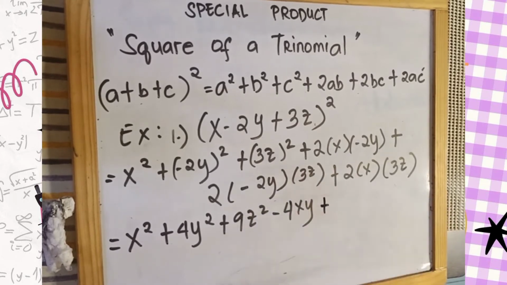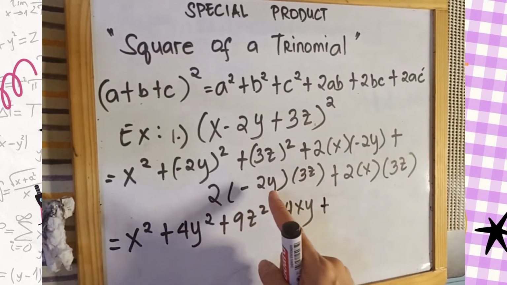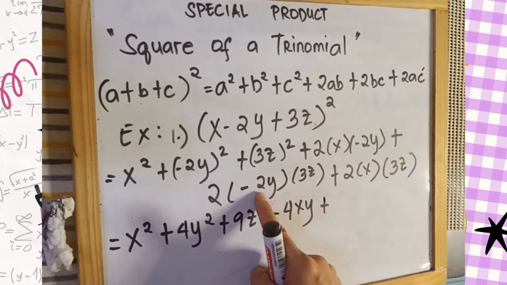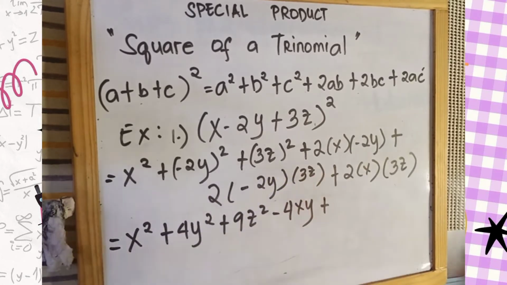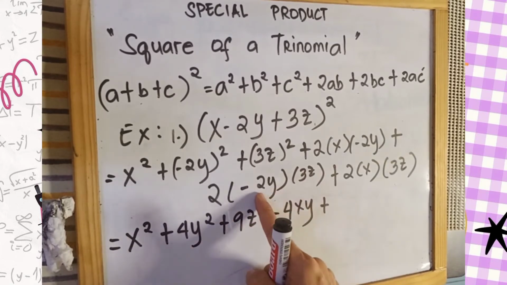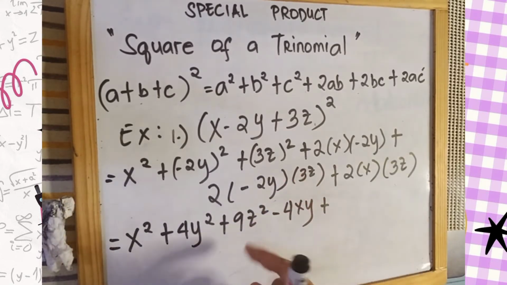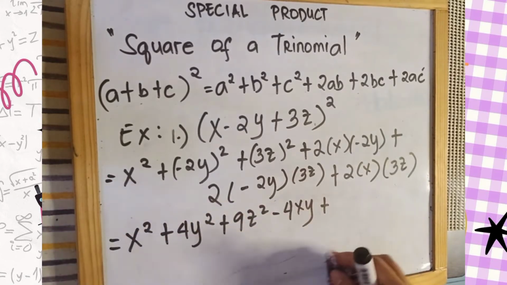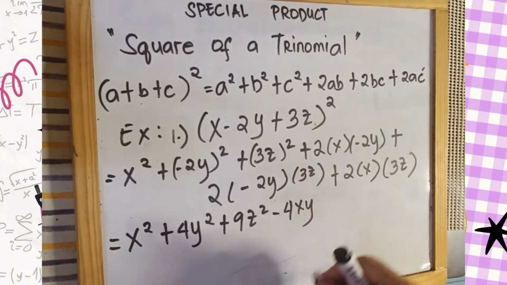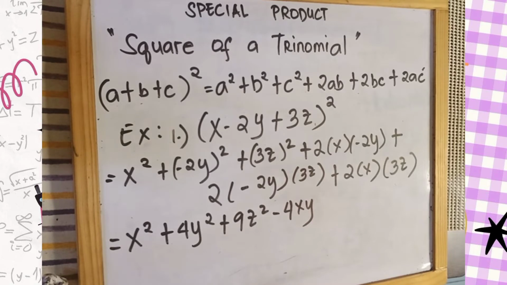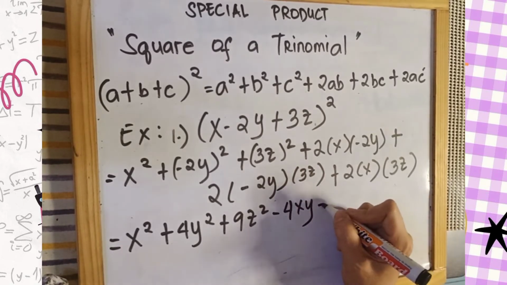Plus 2 times negative 2 times 3. So, ilan yan? 2 times 2 is 4 times 3 is 12. And since may negative sign din siya, positive times negative, that is negative as well.